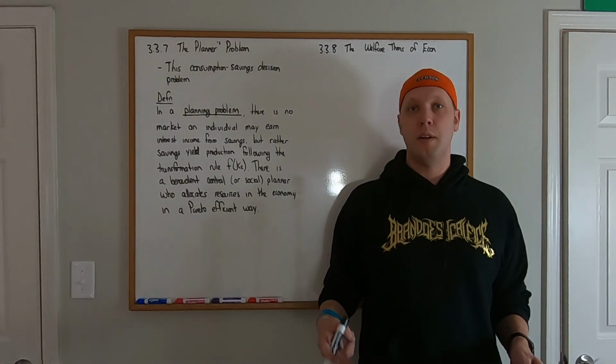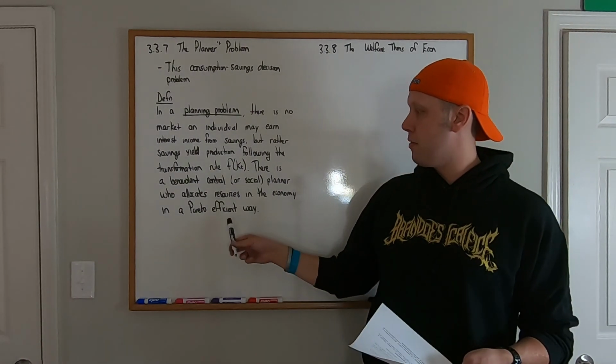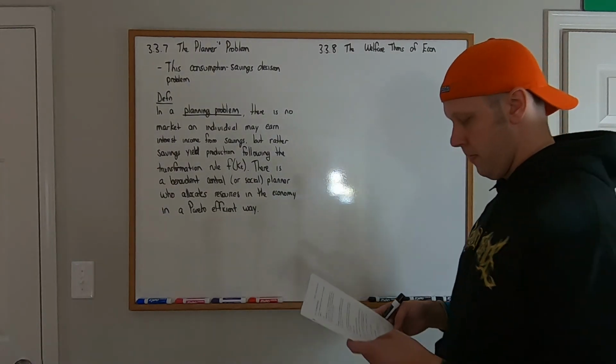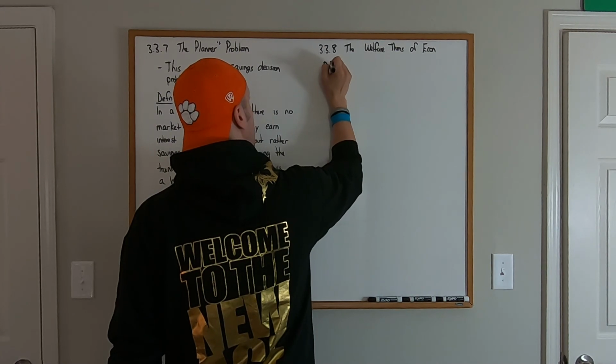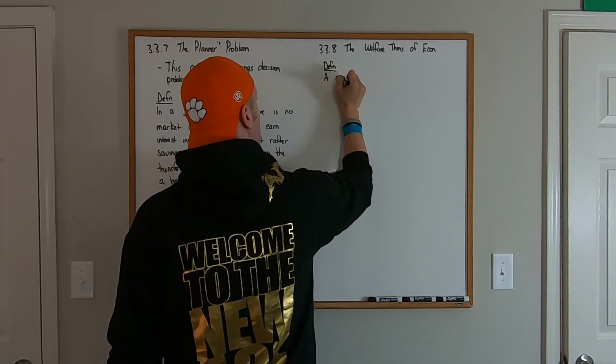When these two welfare theorems are satisfied, we have Pareto efficiency and we have competitive equilibrium in markets. So what's a competitive equilibrium? And then we'll talk about Pareto efficiency.